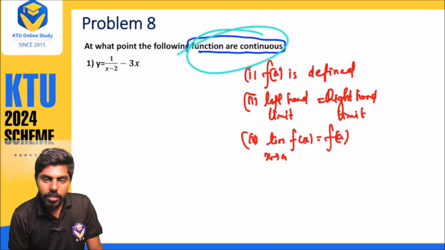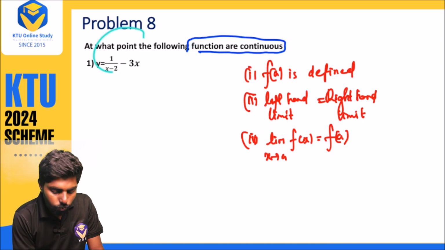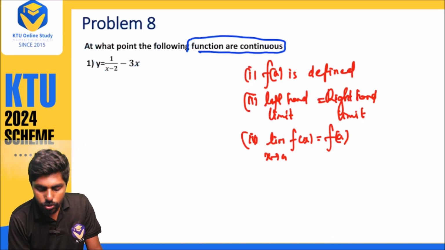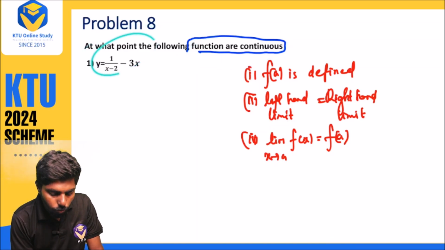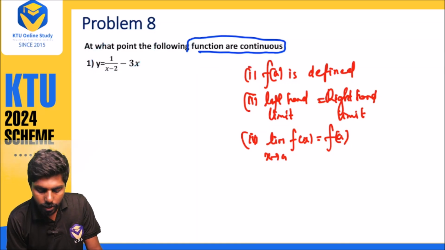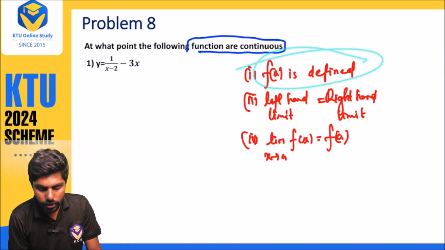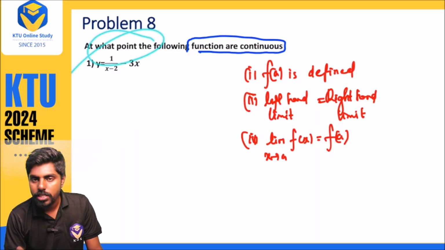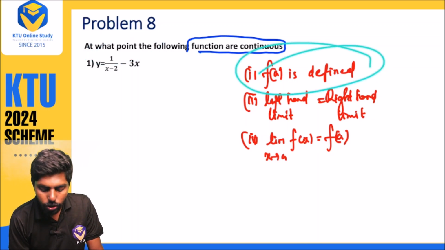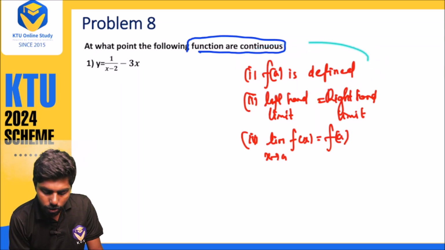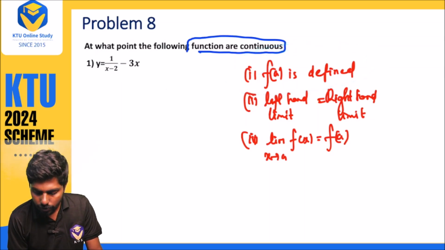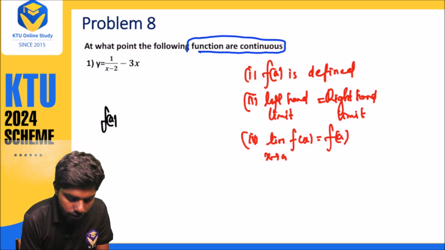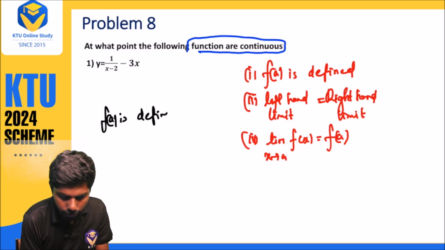But if the question is about at what point, it is very easy to identify, and we use the first condition, that f of a is defined. When is f of a defined?